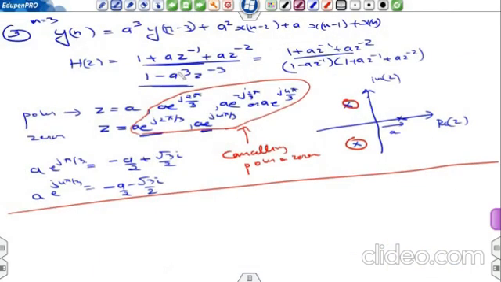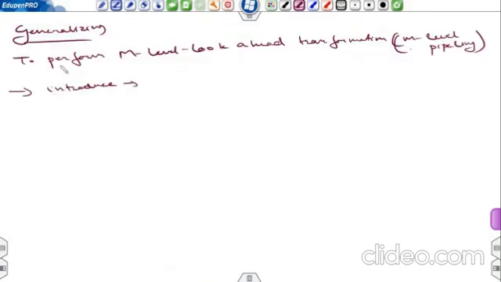For m equal to 3, two cancelling poles and zeros were introduced, done by multiplying numerator and denominator by the same factor. So for m level pipelining, we have to introduce m minus 1 cancelling poles and zeros.